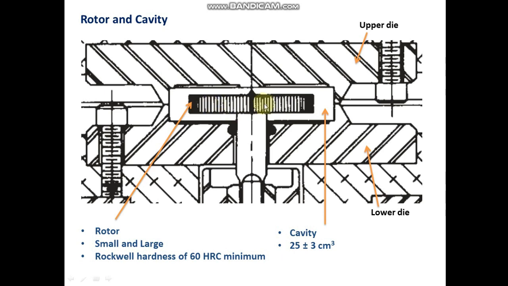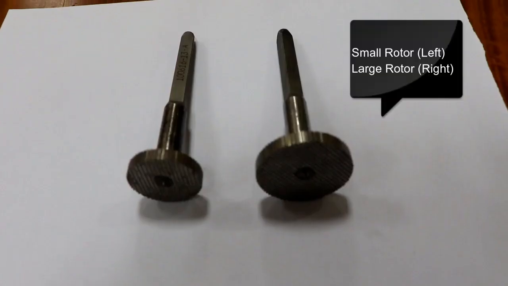There are two types of rotors, a small rotor and a large rotor. Based on the requirement, we can choose which rotor has to be used in determining Mooney viscosity. For your information, the hardness of this rotor is 60 HRC.